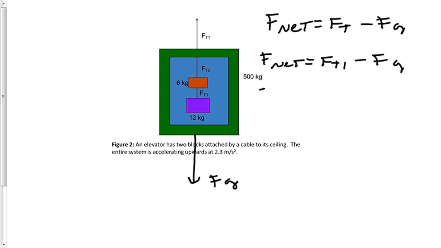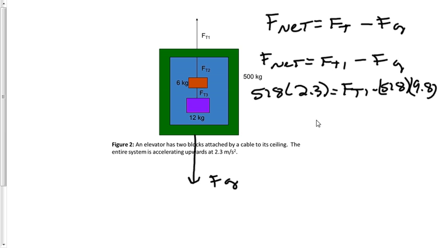So you will then say 518 multiplied by, we read the caption and find that the acceleration is 2.3, equals force tension 1 minus force gravity, which would be 518 multiplied by 9.8.